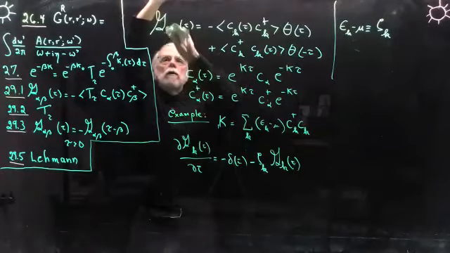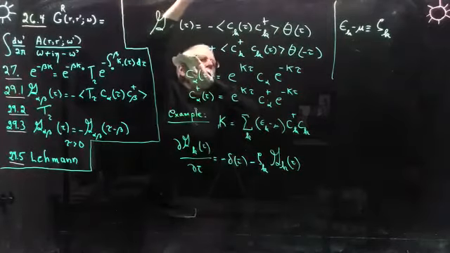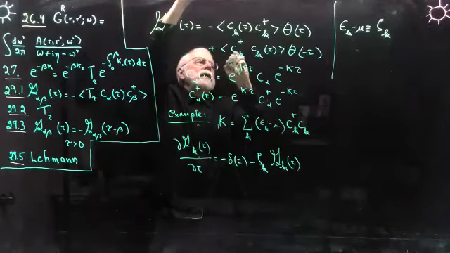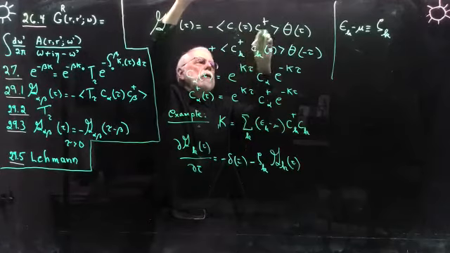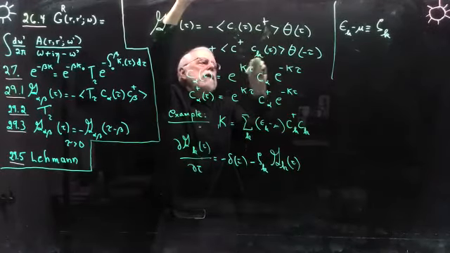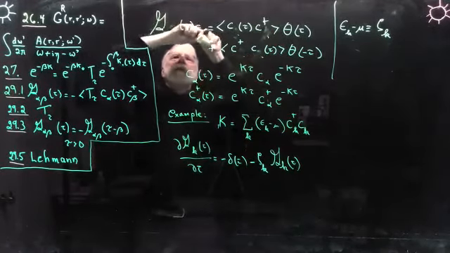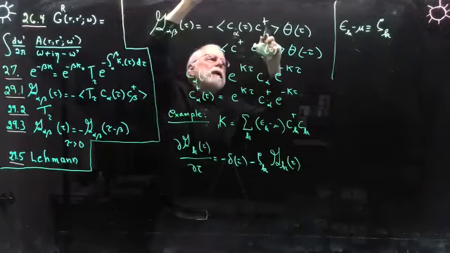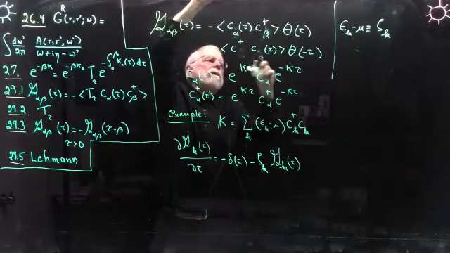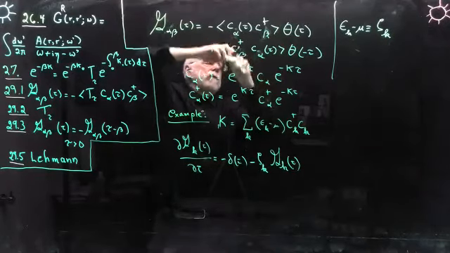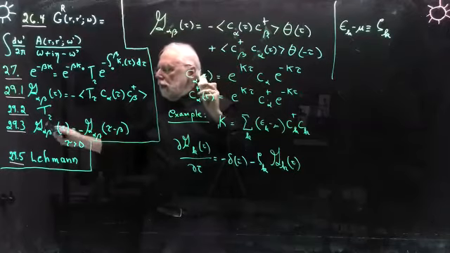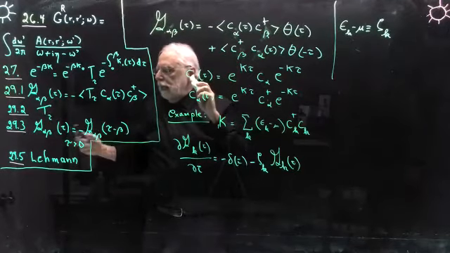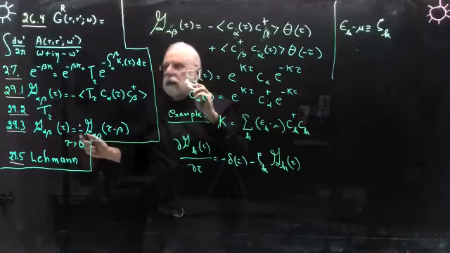I just want to finish with one result, which is that I will go back to alpha beta here. This result here, which is an anti-periodicity, you see.